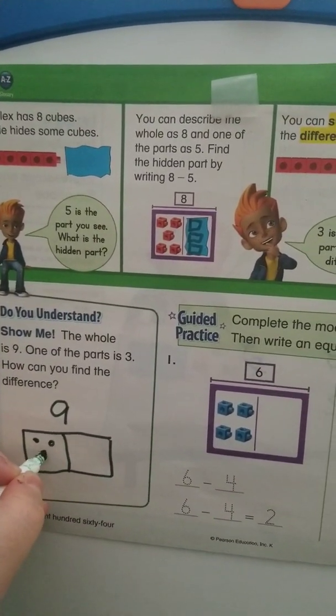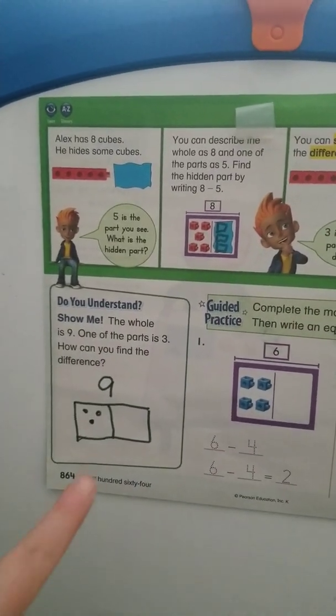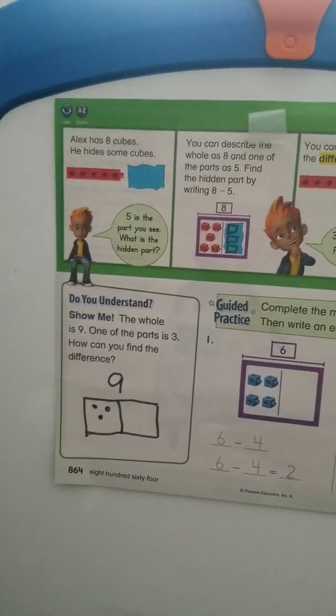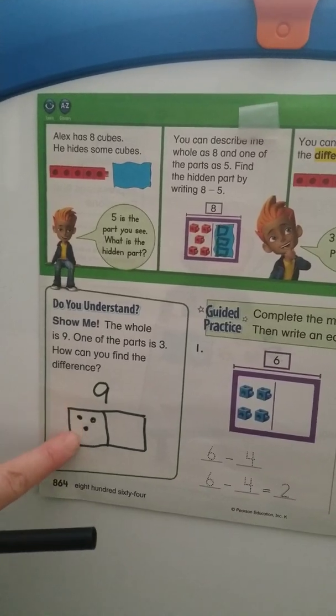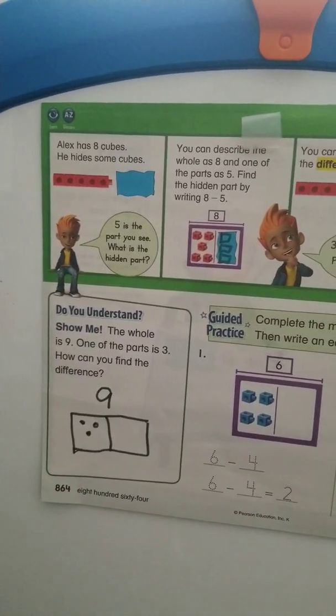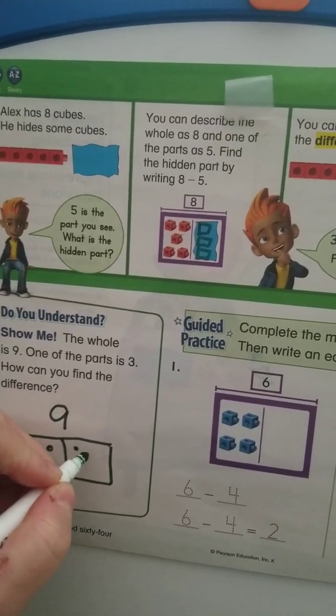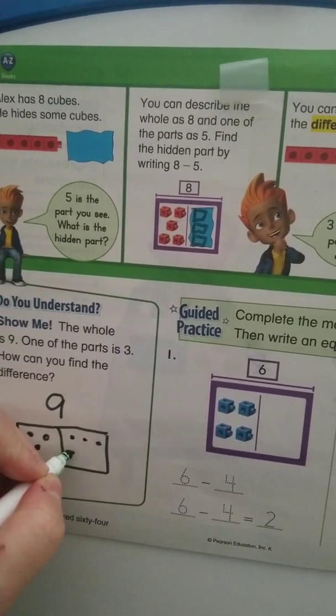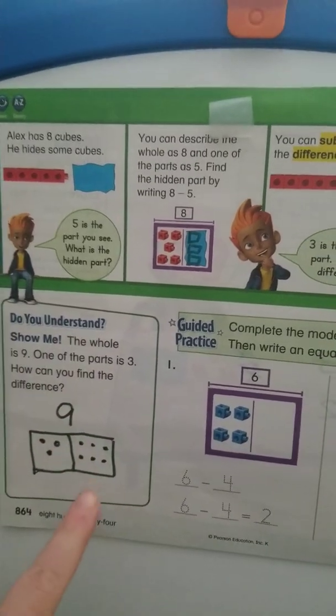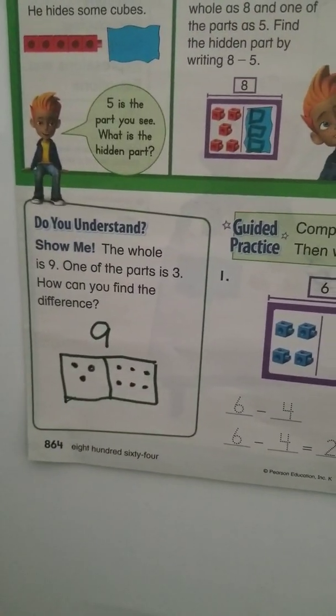1, 2, 3. We have to figure out how many parts are on the other side. So if there's 3 here, let's count on and add to make 9. Starting with 3, 4, 5, 6, 7, 8, 9. How many did I draw? 6.